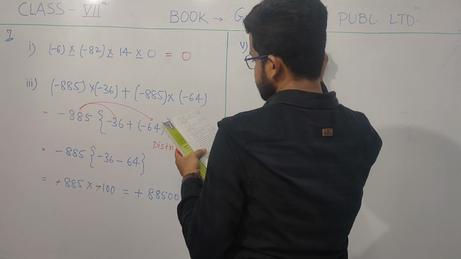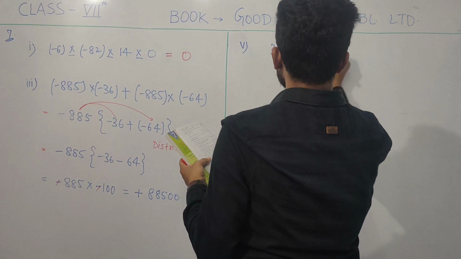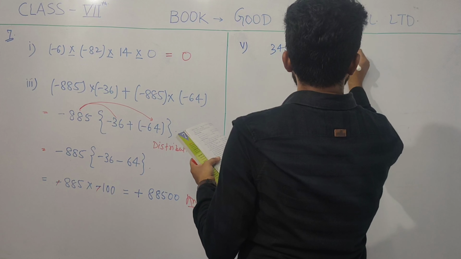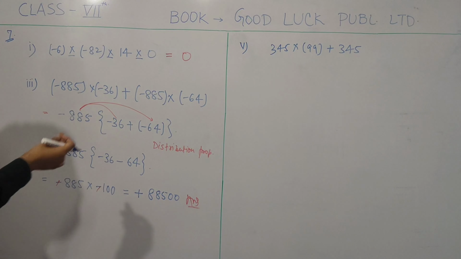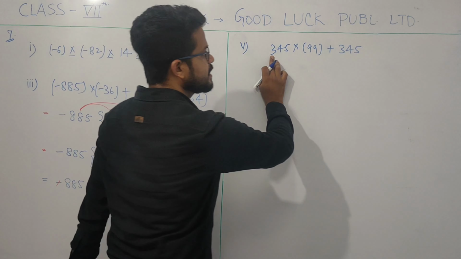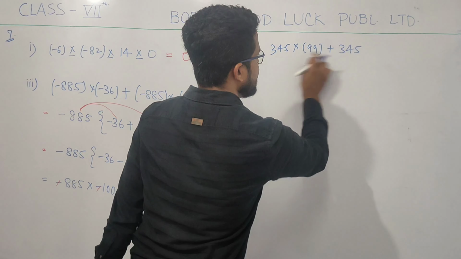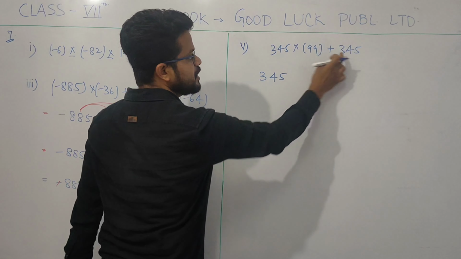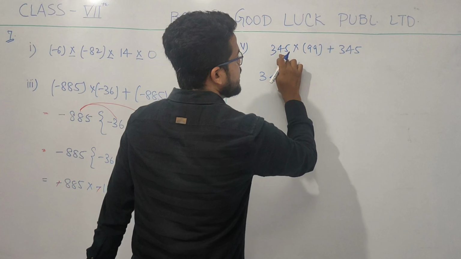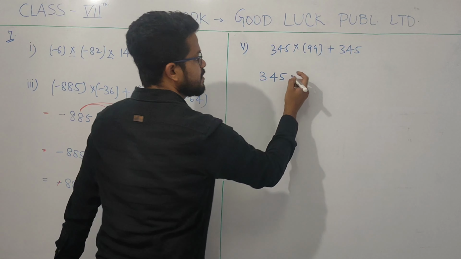345 into 99 plus 345. So, a similar question like this. Firstly, we take 345 common because 345 is repeated 2 times. So I take common 345.